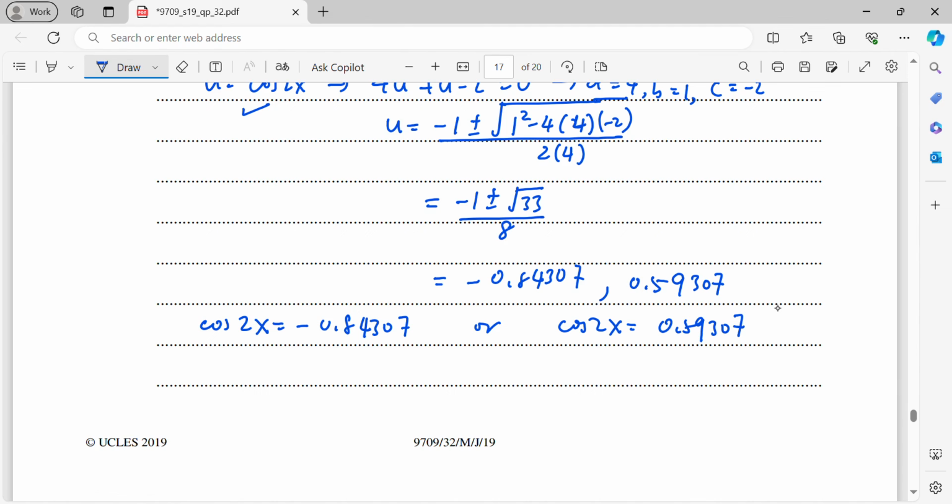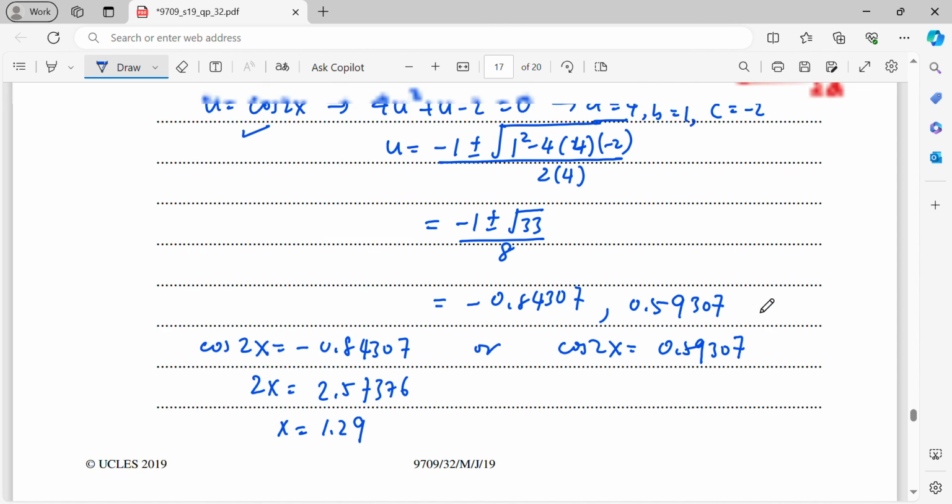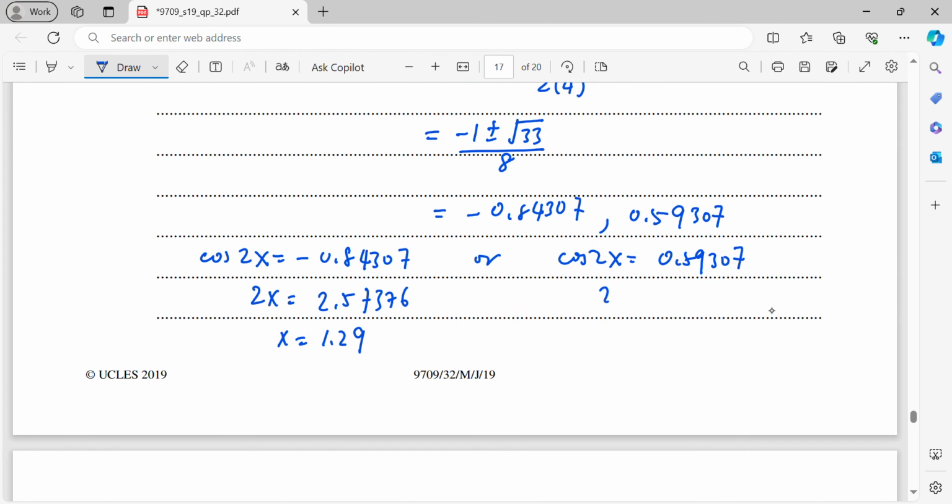Okay, so when cos 2x is negative, it means that your 2x, when you calculate the angle in radians, is going to be 2.57376. This one you can just directly calculate the inverse cos of the negative value. Then now your x is going to be 1.29. Okay, and then the other one, your cos is positive. That means your 2x is going to be 0.93592.